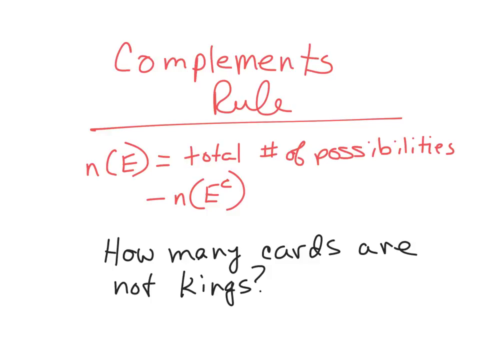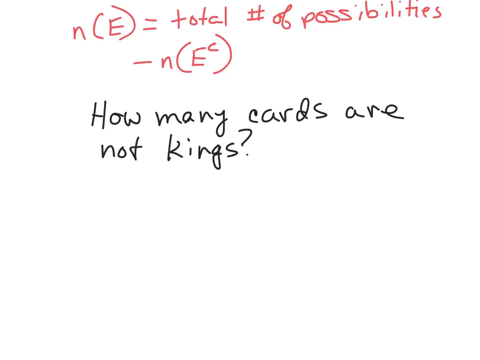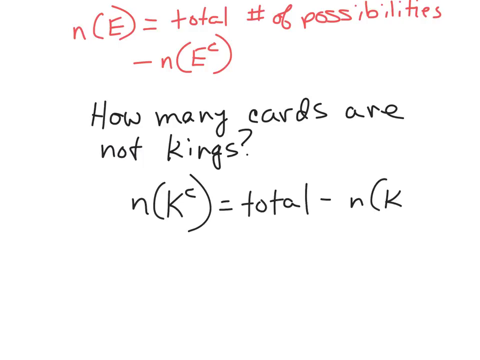Well, I have two options. I can either count all the cards that are not kings, or I can take the total minus the number of cards that are kings. That seems to be easier here to me. The number of the complement of kings is equal to the total minus the number of kings.